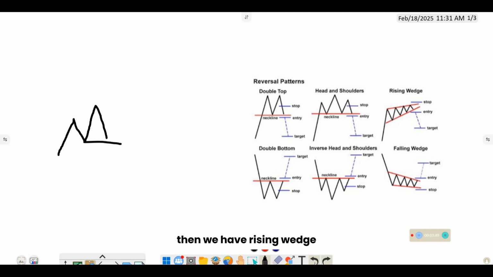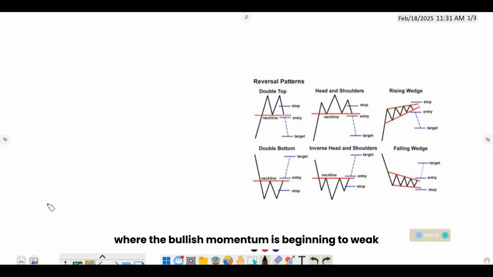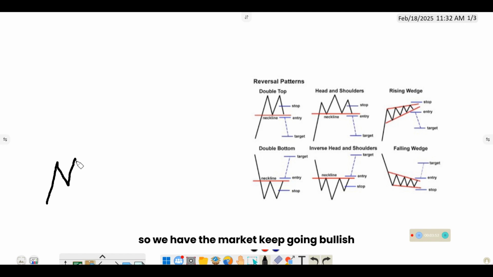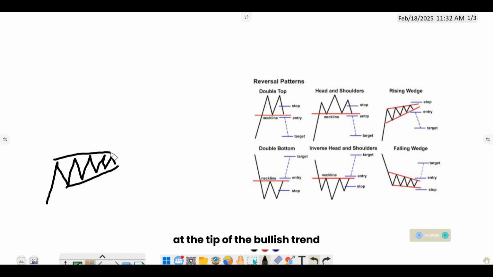Then we have rising wedge. In a rising wedge scenario, the bullish momentum is beginning to weaken. The market keeps going bullish, but it's struggling to continue. There are fewer entries coming into the market, so we form something like a wedge at the tip of the bullish trend.